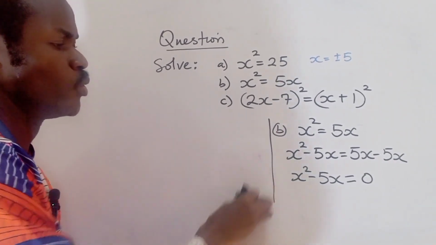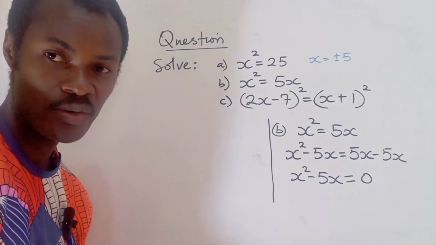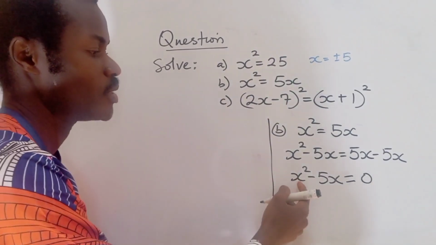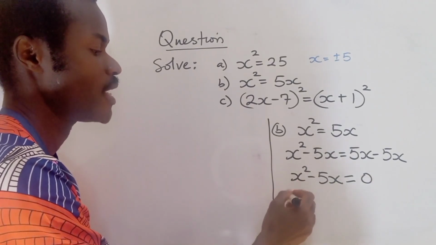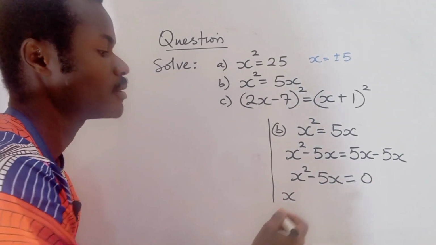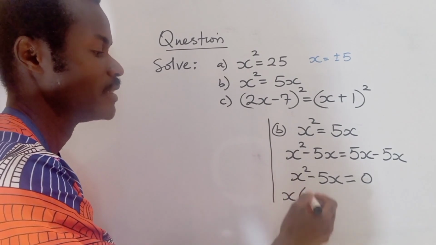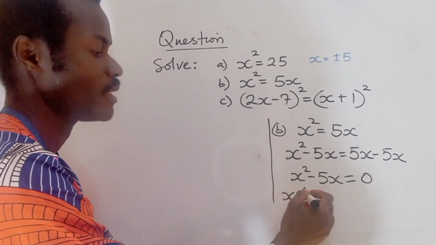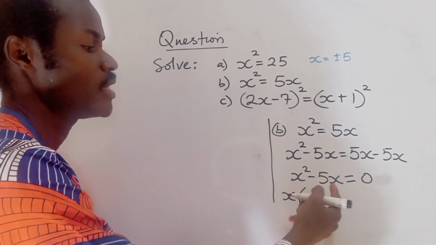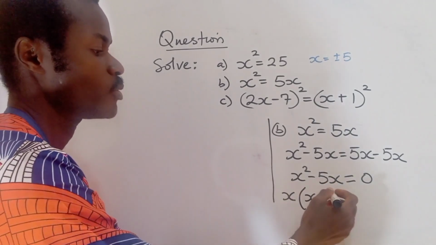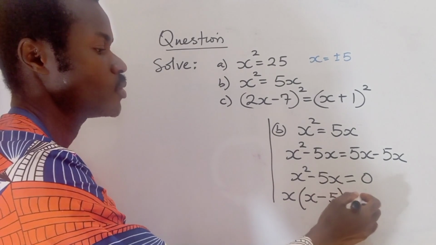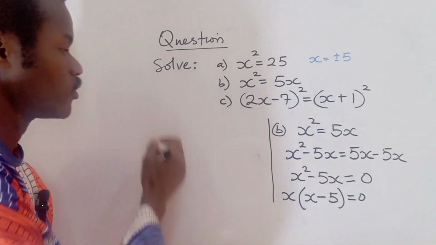Now that we have x squared minus 5x equal to 0, we can apply one of the methods of factorization. So now x is common, we are going to factor out x. If I divide x squared by x, I'm going to have x, minus, and if I divide 5x by x, I'm going to have 5, equal to 0. Now we have to remember our rule.